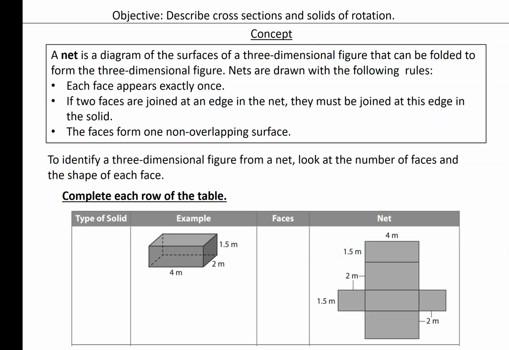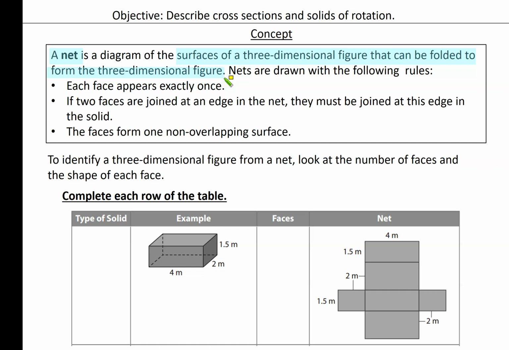All right, so here is a definition of a net. And a net is a useful tool when looking at surface area of three-dimensional figures. So what it does is it unfolds a three-dimensional figure to lay it flat and show all of the individual shapes of all of its sides and surfaces.